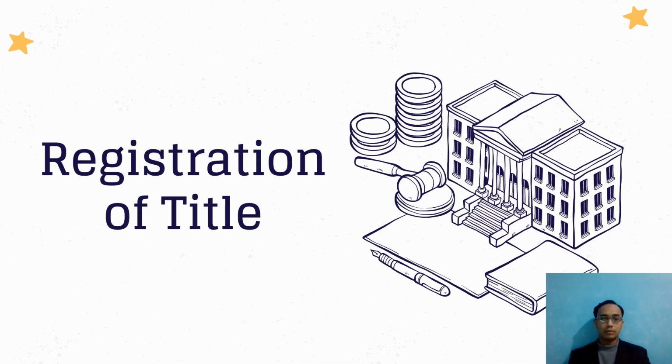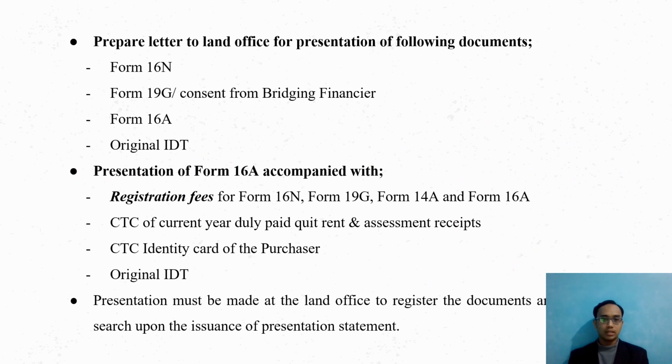So once the redemption sum is released and the charge has been discharged by the bridging financier, the party may proceed with the registration process, where the presentation of the security document can be made at the land office. The important things in this process are that the original IDT and its registration fees must also be included during the presentation at the land office.